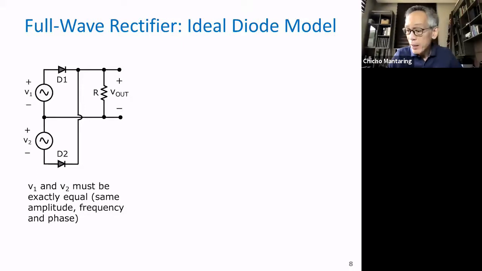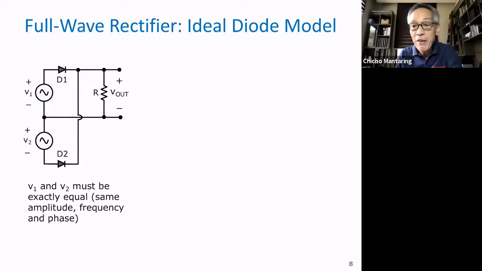Now you can do that if you have two sources. So let's discuss first a full wave rectifier using two sources. So I have two sources, V1 and V2. And for the full wave rectifier to work, V1 and V2 must be exactly the same. When I say exactly the same, that means exactly the same frequency, exactly the same amplitude, and exactly the same phase.